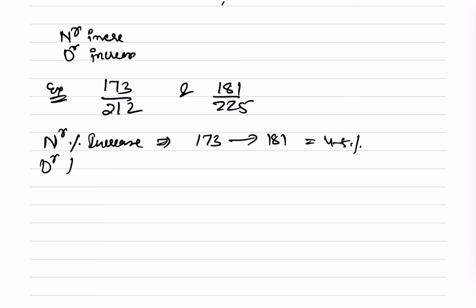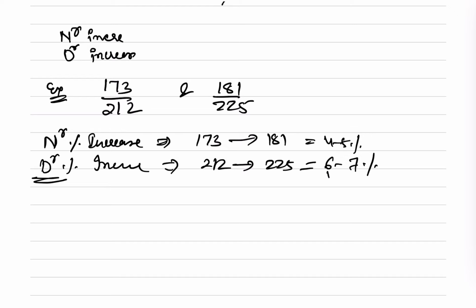If I find the denominator increase, 212 going to 225, can you tell me the percentage change in it? It is approximately 6 to 7%. Now you see the denominator is changing by 6 to 7%. That is the higher number. It means the denominator is increasing at a faster rate. Can I conclude this, at a faster rate?